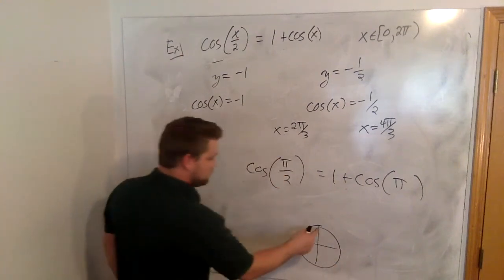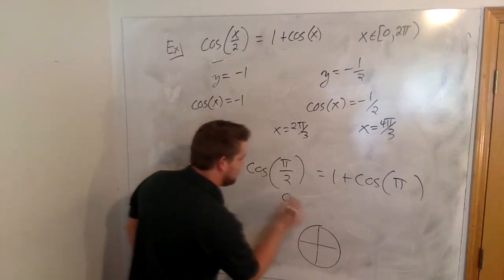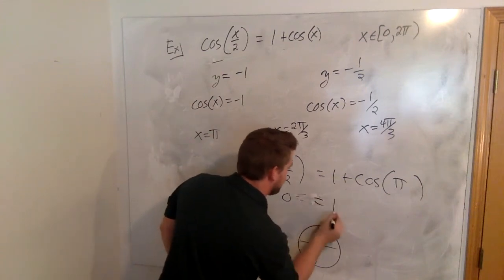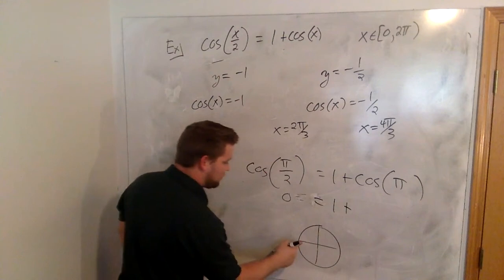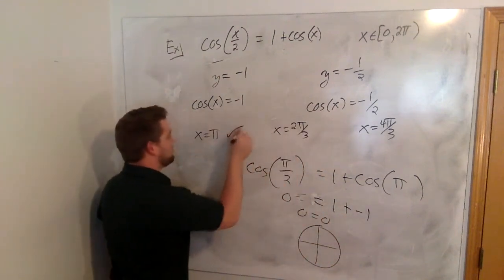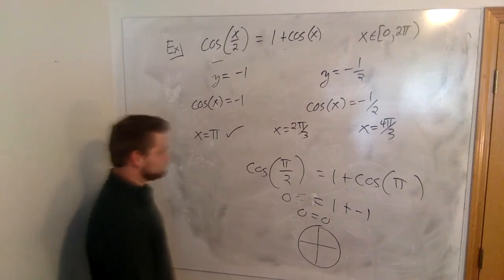Pi over 2, cosine is 0. So 0 will be equal to 1 plus cosine of pi, which is negative 1. So we get 0 equals 0. This is a good solution.